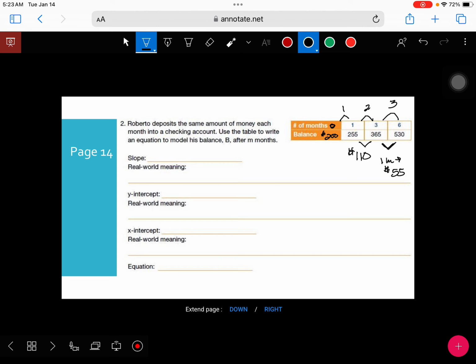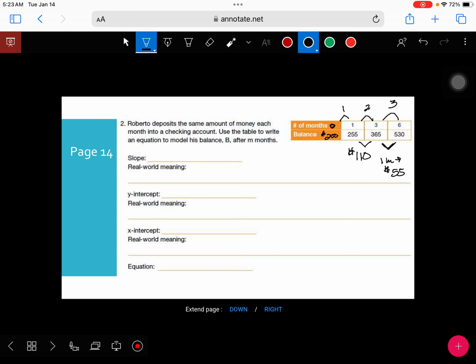Okay, 55, 365. So 3 times 55 is going to be 165, which works out to be 530. Okay, that works. So the slope is the increase in the amount each time.